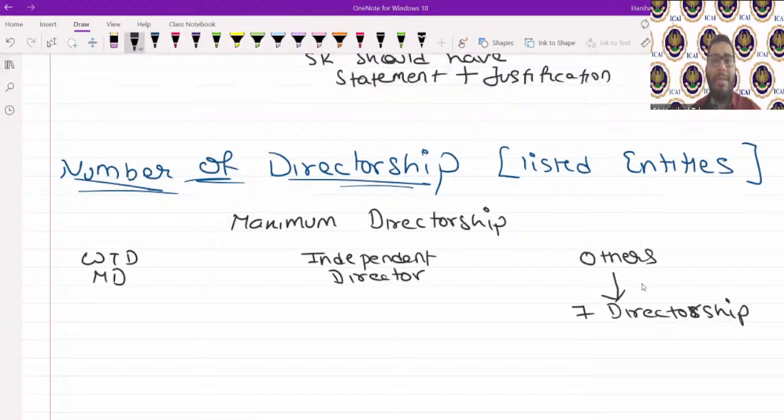Second, independent directors: for independent directors also, the same 7 directorships. Now, if he is a whole-time director or managing director, then he cannot be an independent director in more than 3 listed entities.